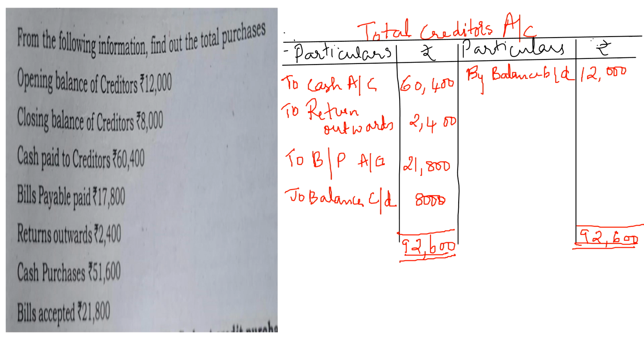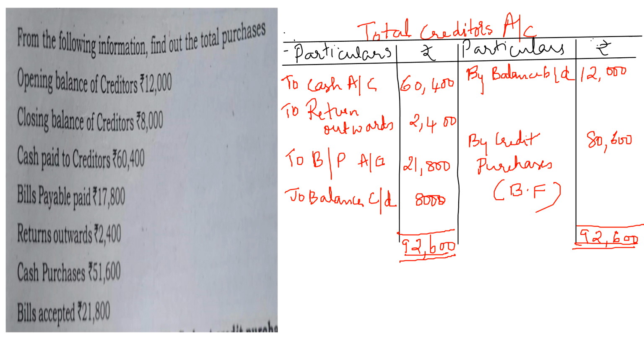Okay. Now find the missing figure. So the missing figure in the credit side you will get as 80,600. So this answer is called credit purchases. So the balancing figure is called credit purchases. Okay, this is the balancing figure.